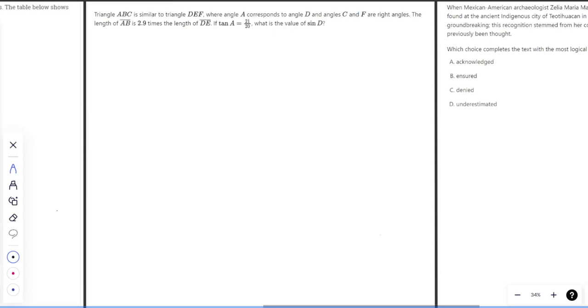Next one is similar triangles. We have triangle ABC is similar to triangle DEF. Let me draw that out. Reading ahead, I see angles C and F are right angles. So I'm going to build a triangle ABC with the right angle at C, and DEF is similar.